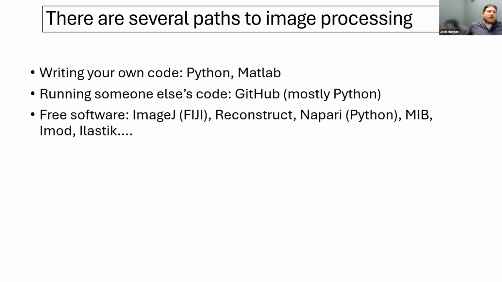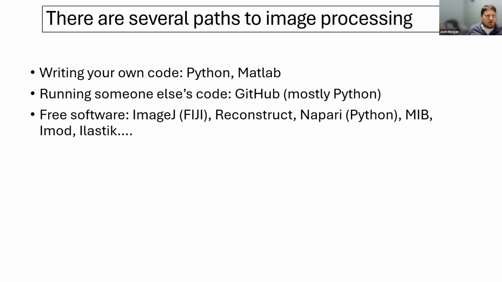There's free software. So ImageJ is great. The Fiji package of ImageJ has a lot of really useful tools for array tomography and large-scale EM. There's other tools out there. I'm really hopeful for Napari as a hub, mostly because it's Python-based as opposed to ImageJ, which people have to learn how to interact with the Java, which is not the average graduate student's expertise.